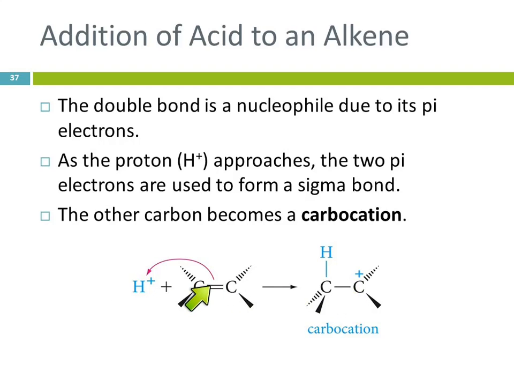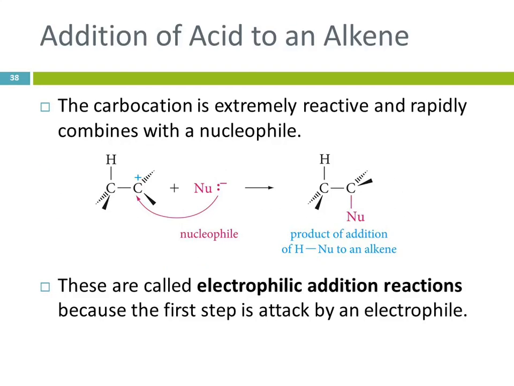So this pi bond ceases to be a pi bond, and those electrons are used to make a sigma bond with that hydrogen, the electrophile that's adding. Now, the carbocation, of course, is not very happy. Atoms that aren't happy are very reactive.